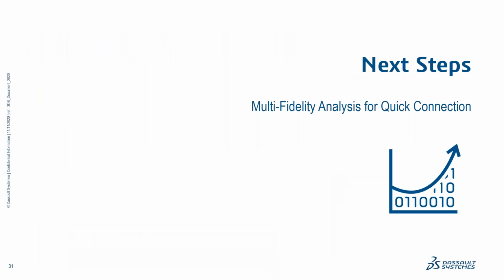And so that leads us finally to the next steps. I wanted to give everyone on this call the next steps that we're looking to hit once we have this heart model fully finalized and ready to go, which is to start taking this very complex model and simplifying it using some multi-fidelity analysis and some machine learning capabilities, so that we have quick turnaround times whenever we're doing our simulation.